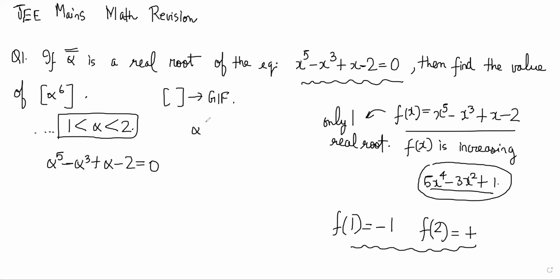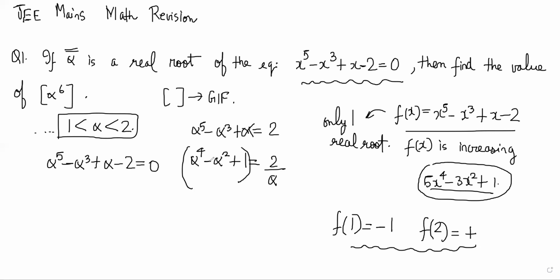We can write it as alpha power 5 minus alpha cube plus alpha is equal to 2. If you divide by alpha, it is alpha power 4 minus alpha square plus 1 is equal to 2 by alpha. Right.